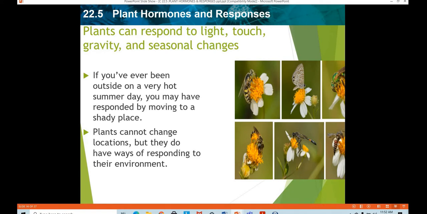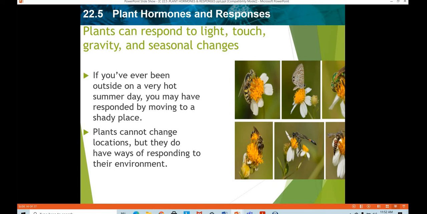Similarly, we respond to external stimuli with various actions which happen in our body automatically, like the jerk. When we touch something hot, we quickly jerk our hand back, and whenever we go out in bright light, we start closing our eyes or covering our eyes with a shade, or coming quickly back to the shade.